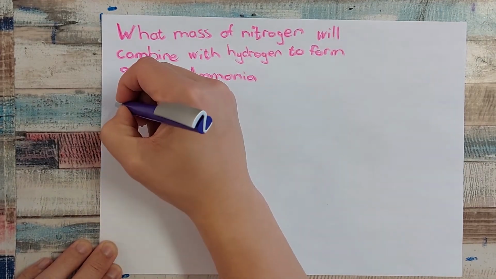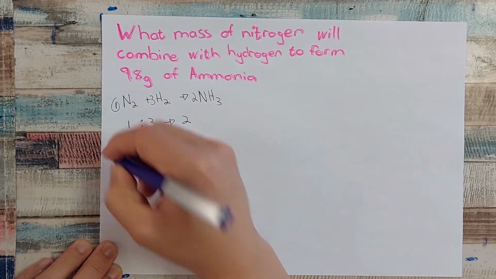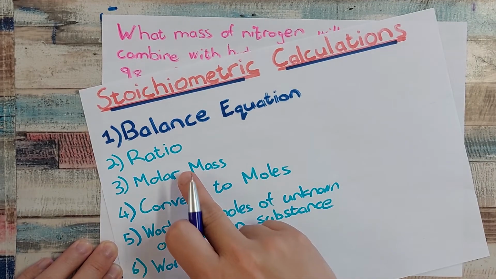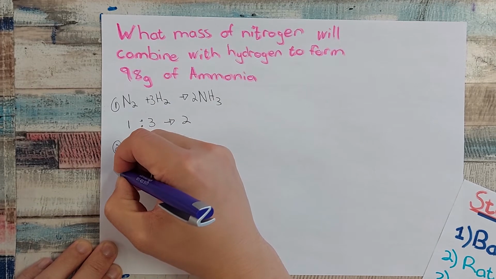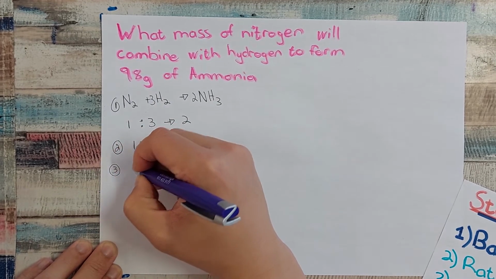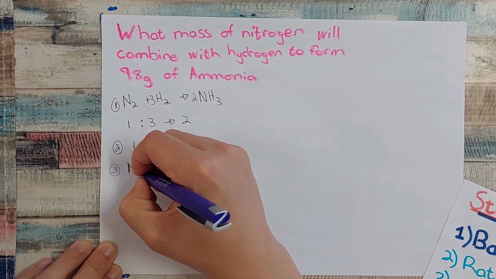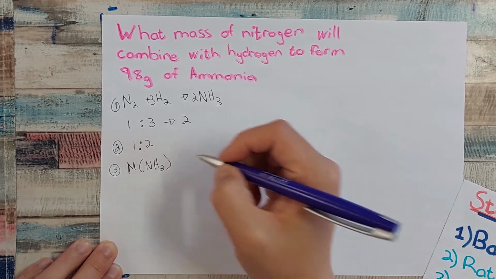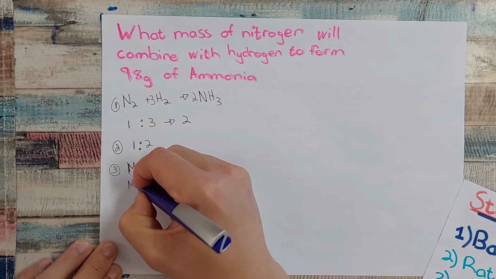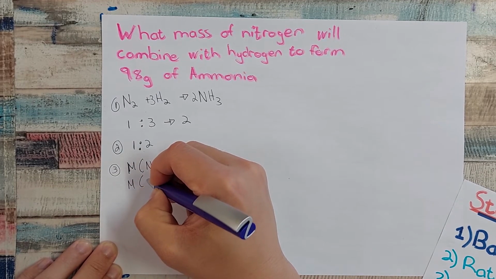Let me do this: step 1 and step 2. Step 3, my molar mass. I'm going to calculate my molar mass of ammonia. So it's going to be my M of NH3. Nitrogen is what on the periodic table?